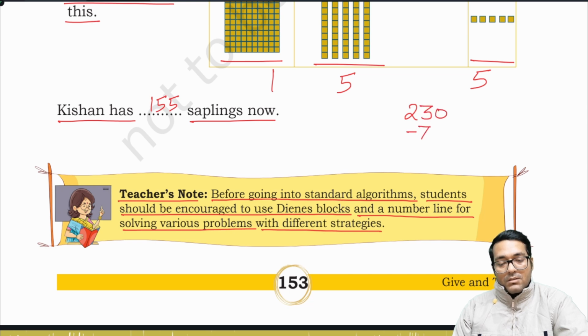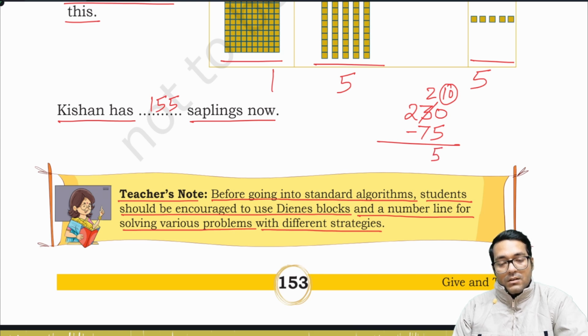230 minus 75. Since 0 is at 1's place, you can't take 5 from that. So 3 tens could be written as 2 tens and 0 ones can be written as 10 ones. 5 subtracted from 10 will give you 5 ones.